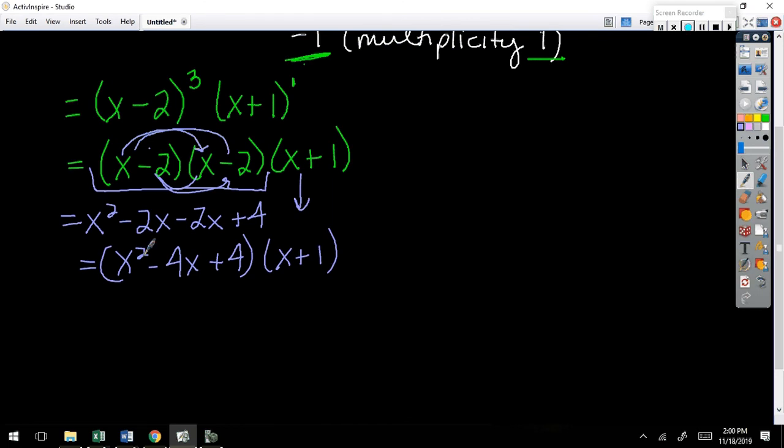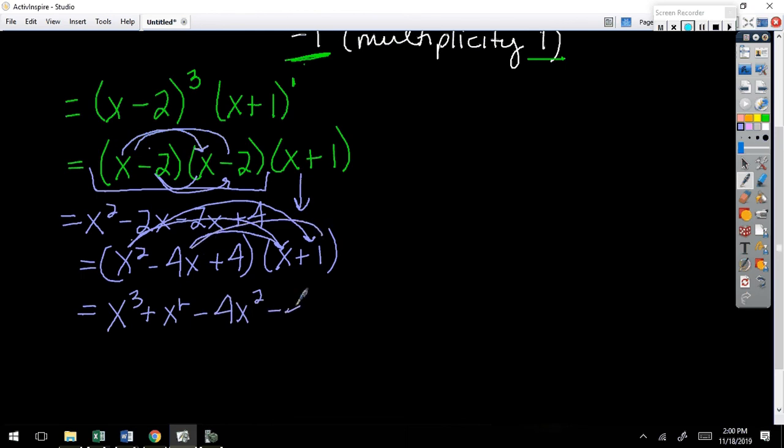Okay? Now, with the multiplying, x squared times x is x to the third. x squared times 1 is x squared. Minus 4x squared, minus 4x plus 4x, plus 4.